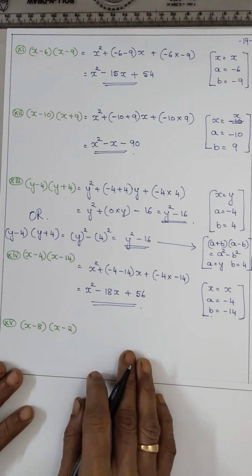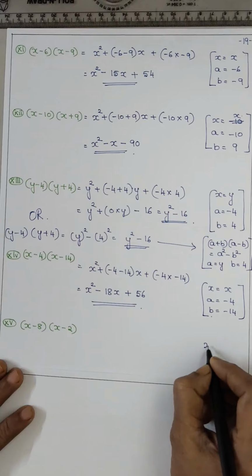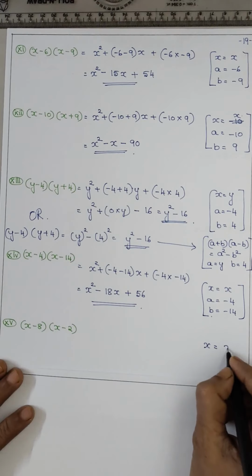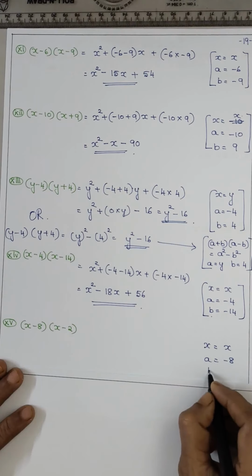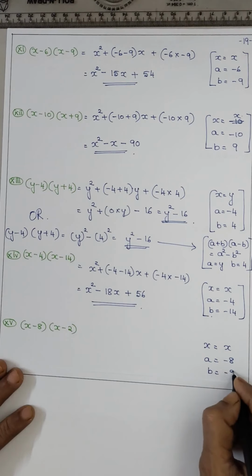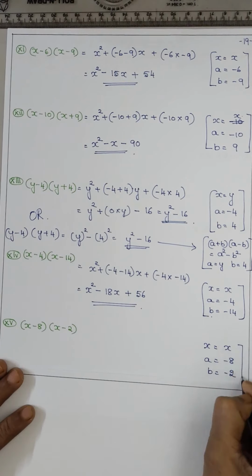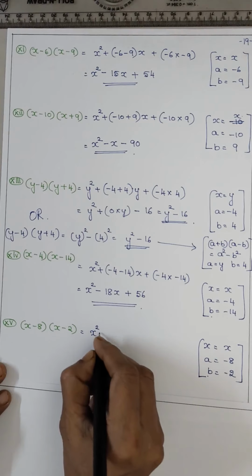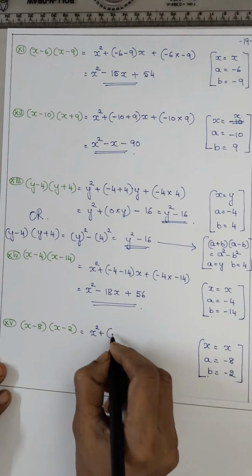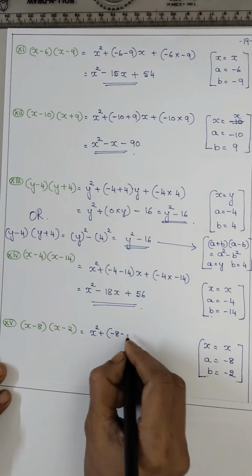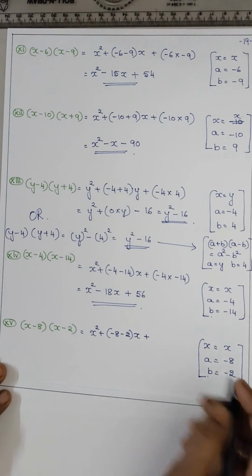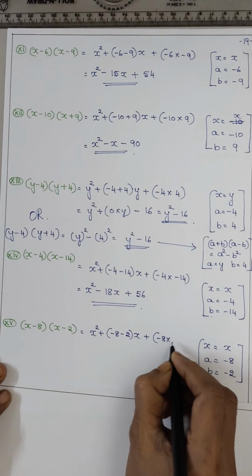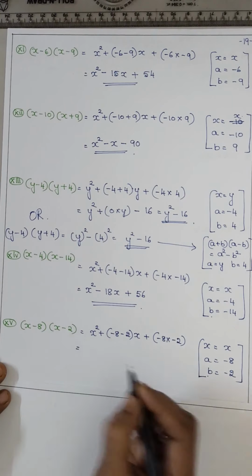Now coming to the 15th sum under this section. X is x itself, a is minus 8, b is minus 2. Put it within the bracket. Let's go, it is x squared plus minus 8 minus 2 into x plus a into b, minus 8 into minus 2.